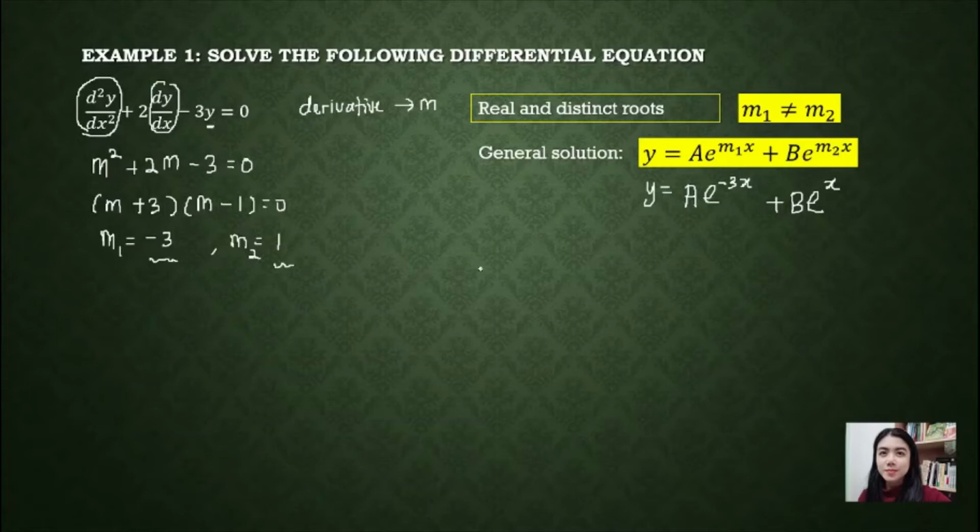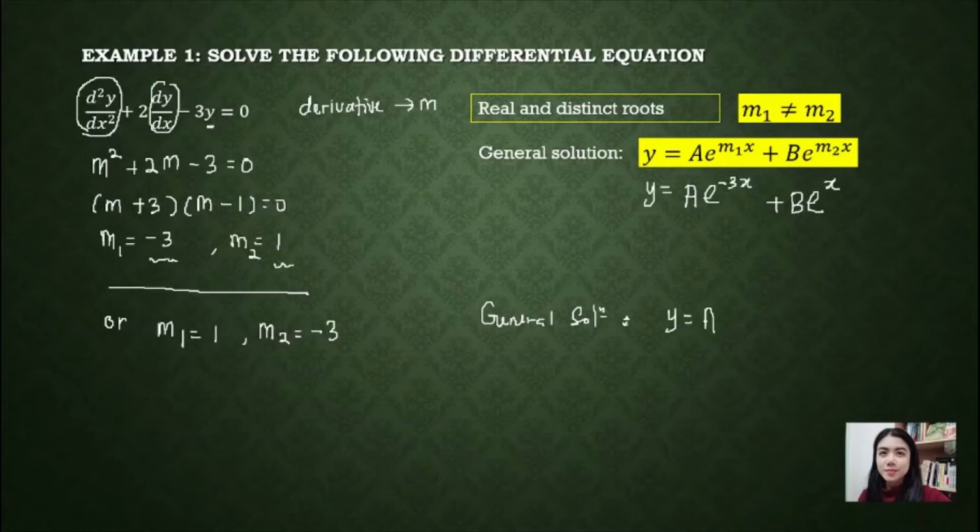But please take note that instead of writing m1 as minus 3, you also can write m1 as 1 and m2 as negative 3. You can have a different order. So if you are using this order, it means that your general solution is y equal to a e to the power of m1x.